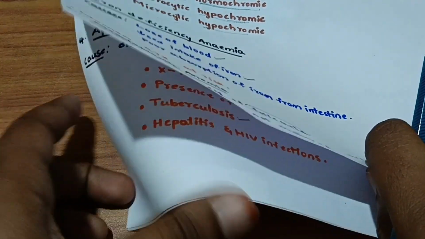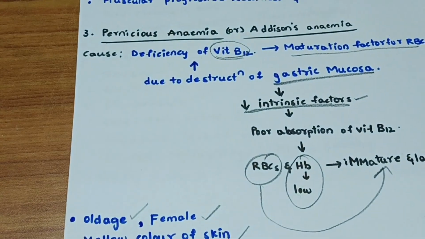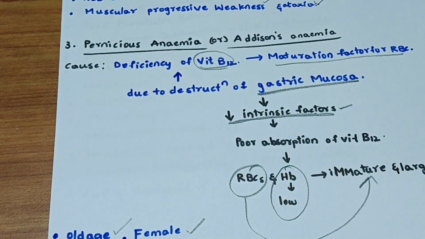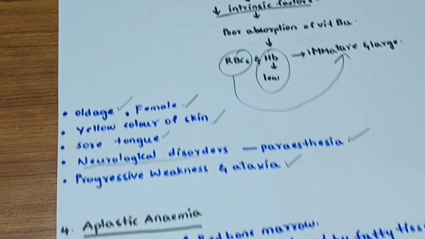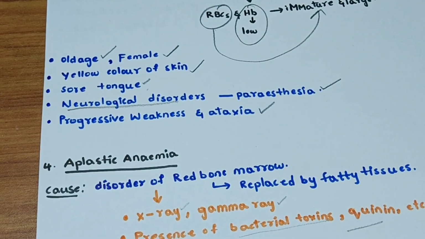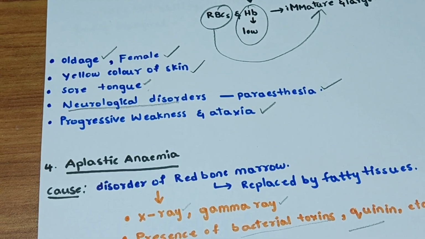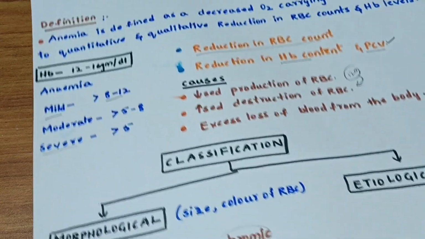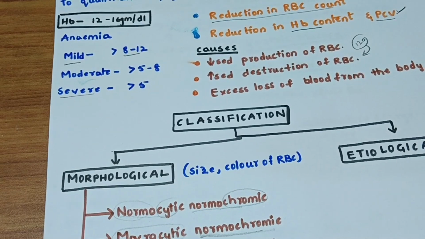Pernicious anemia occurs due to deficiency of vitamin B12, because of poor absorption when the intrinsic factor is decreased or diminished. And aplastic anemia occurs due to disorders of the red bone marrow, mainly replacement by fatty tissue. So this is the complete discussion of anemia.